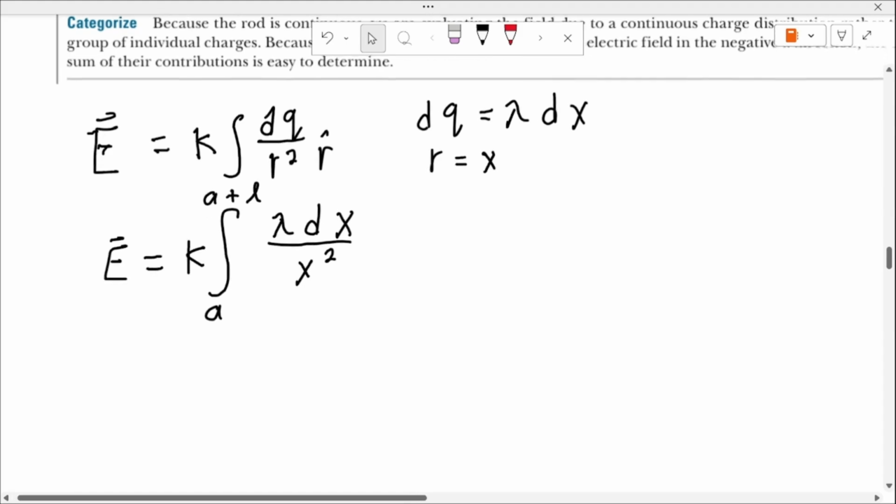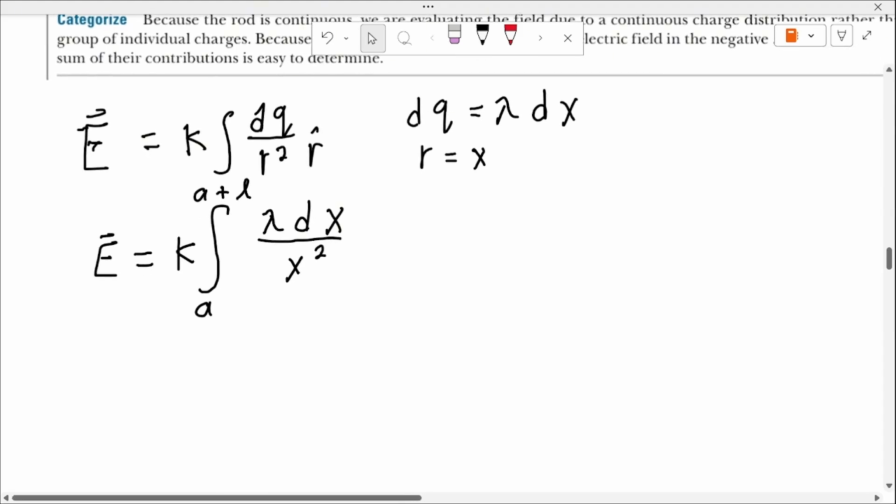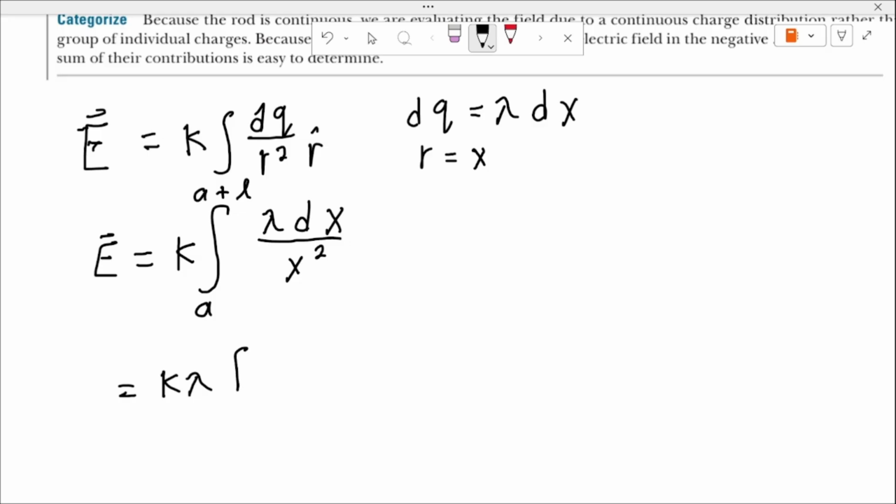Now to evaluate this integral, we simply pull out the constant, which is lambda, and we're left with the integral of 1 over x squared dx.